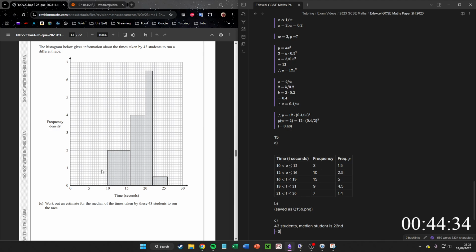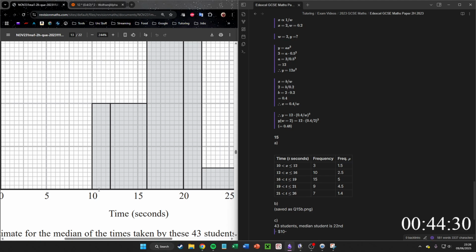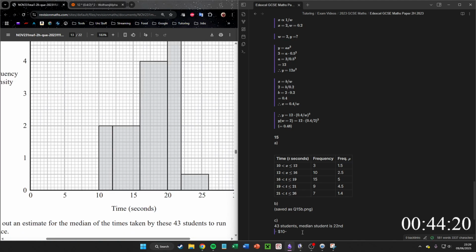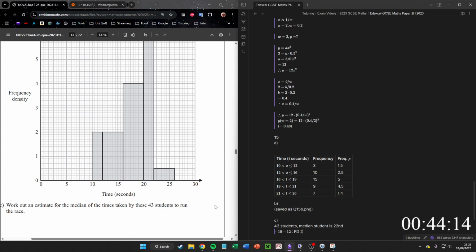So 10 to, I should zoom in a little bit here. This is going to be 11 and 12, isn't it? Yeah, 13, 14, 15. 10 to 12: frequency density is 2, so frequency is 4.